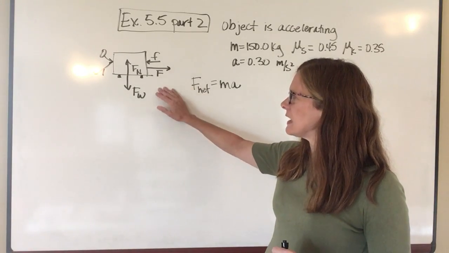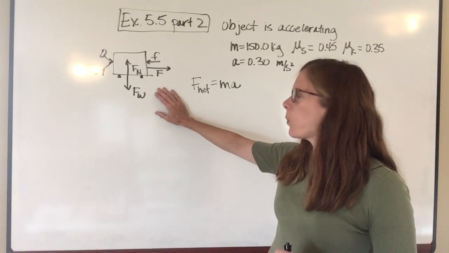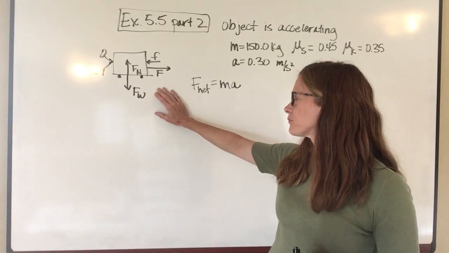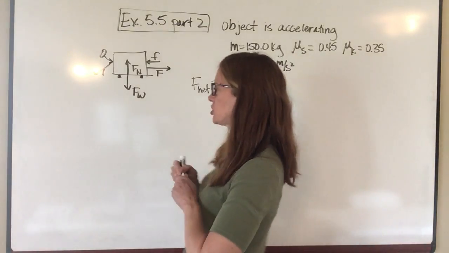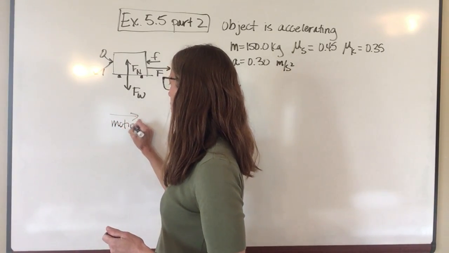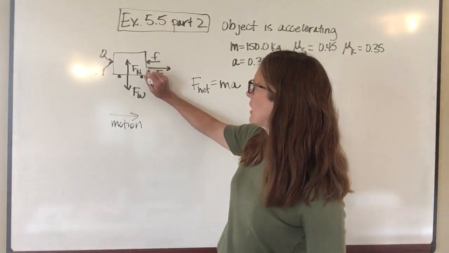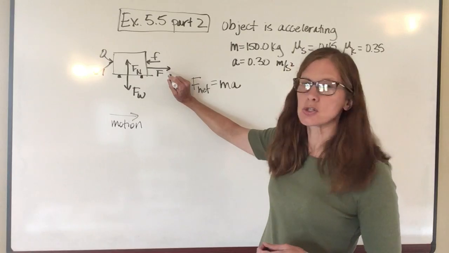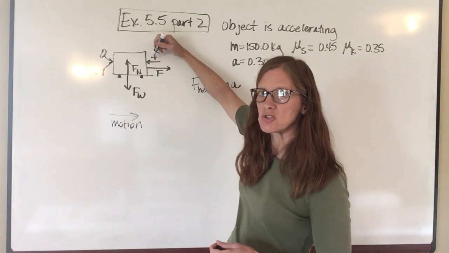So according to the diagram that we've drawn, what's going to be the case here? Well, I know that the motion of the desk is this direction because the guy is pushing on it. So I know that the motion goes this way, and this force is going to be overcoming the force of friction, which is this way.